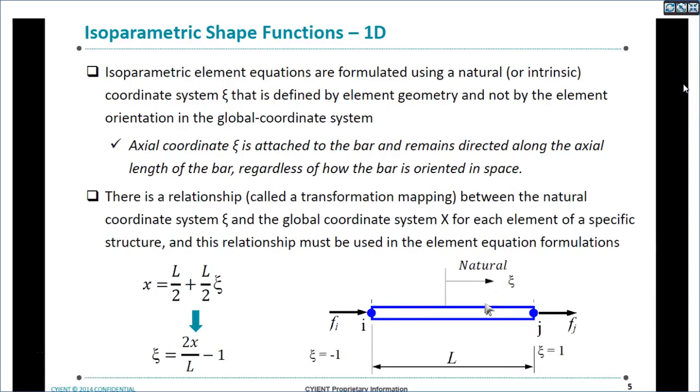So here, this is the bar. This zeta coordinate will be along the bar, not in any other direction. So the important aspect of the natural coordinate system is to align according to the element.